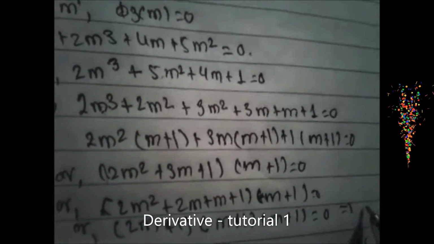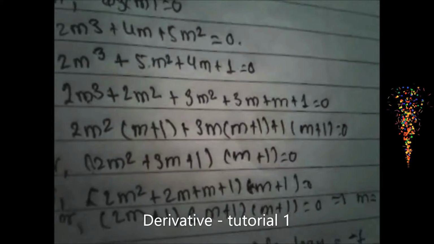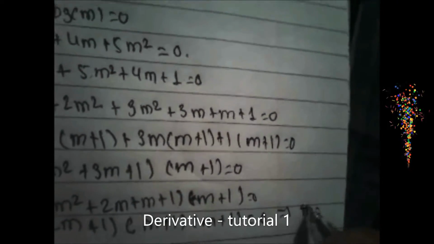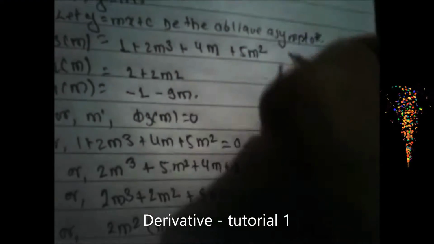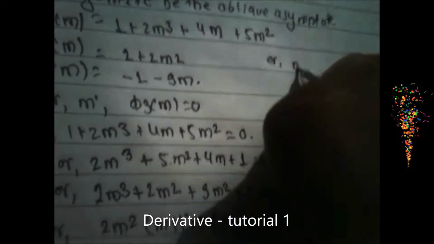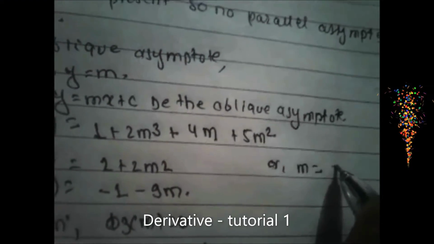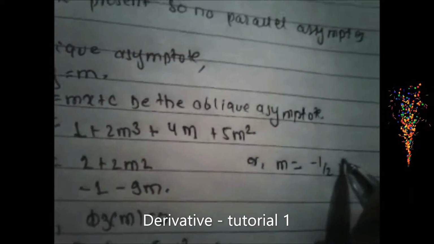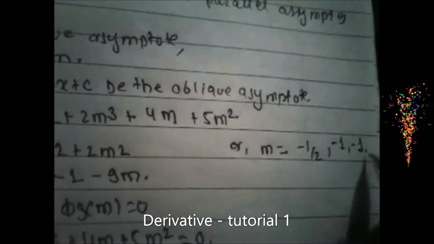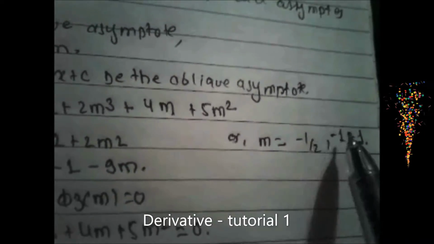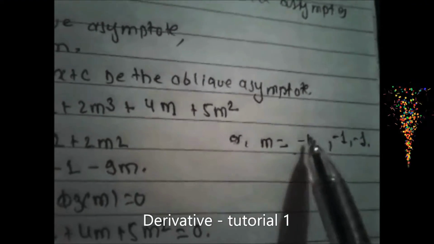So we have got the value of m: this becomes minus 1 by 2, so m is equal to minus 1 by 2, minus 1, minus 1. So we have got two values of m that are the same and one value different.